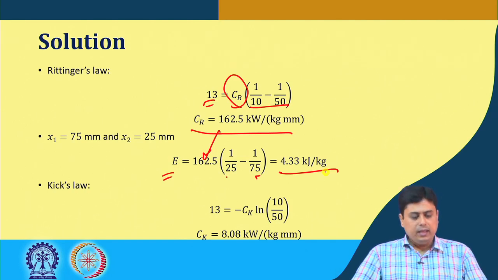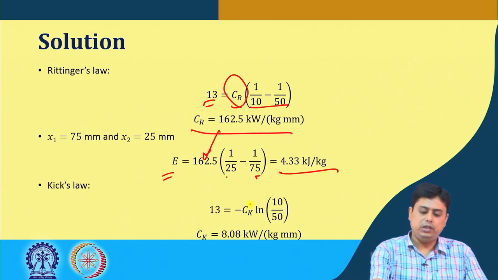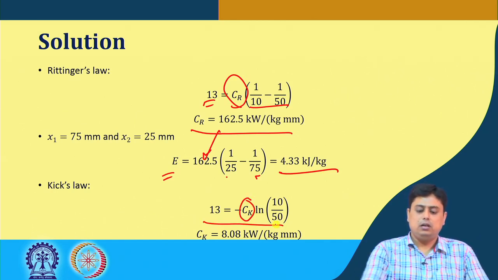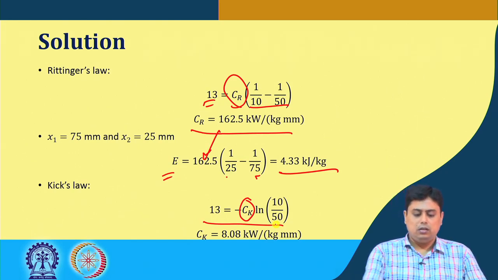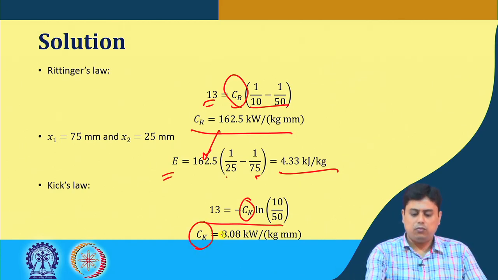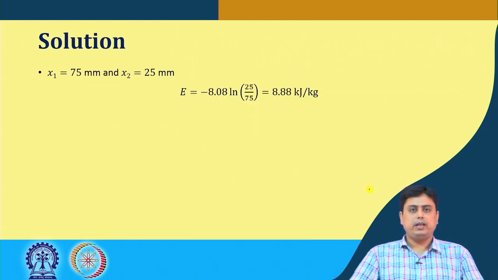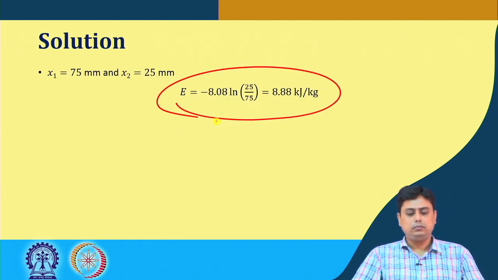Similarly, we apply Kick's law. We initially find Kick's constant by replacing all the numerical values of known quantities. Using this Kick's law constant, and for x1 equal to 75 and x2 equal to 25, we can find the energy requirement, which is 8.88 kilojoule per kg.